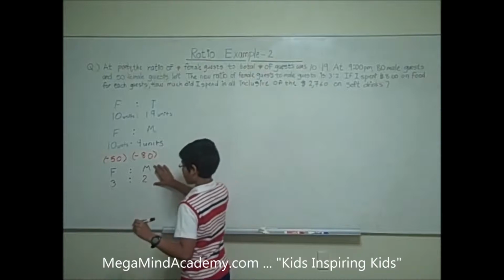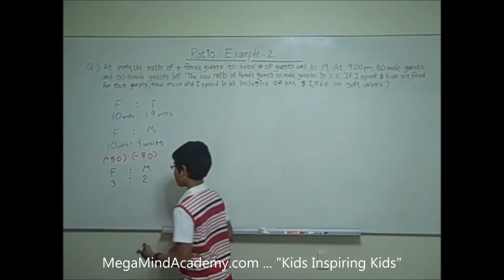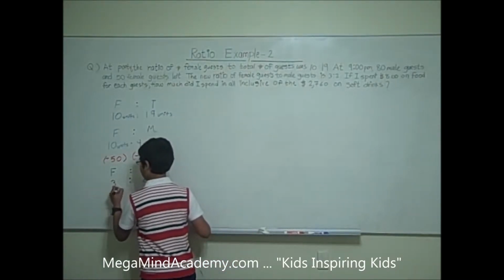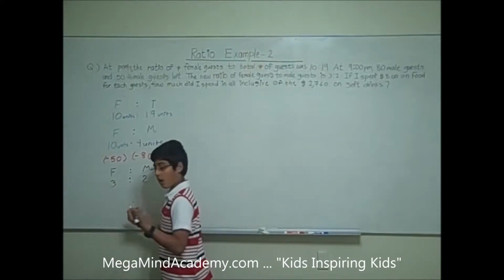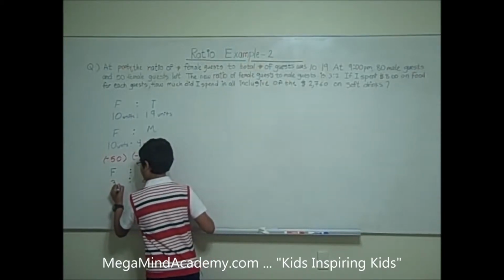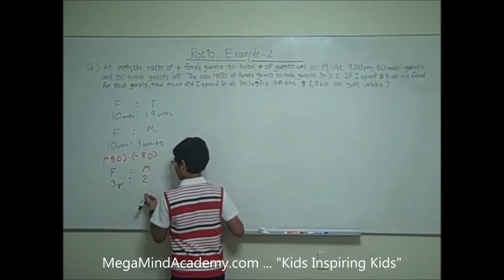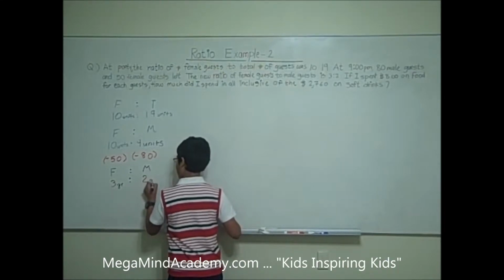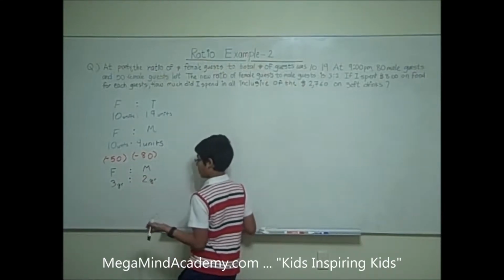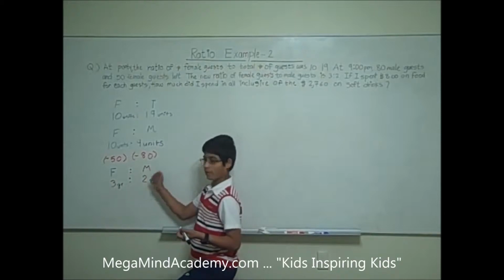Let's label this ratio as groups. So 3 groups, or let's write GR. So 3GR to 2GR is the new ratio for female to male guests.